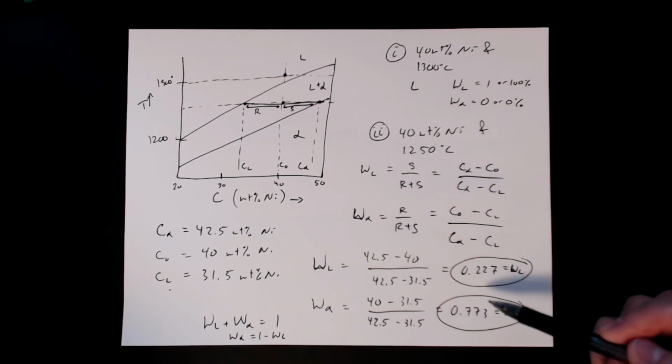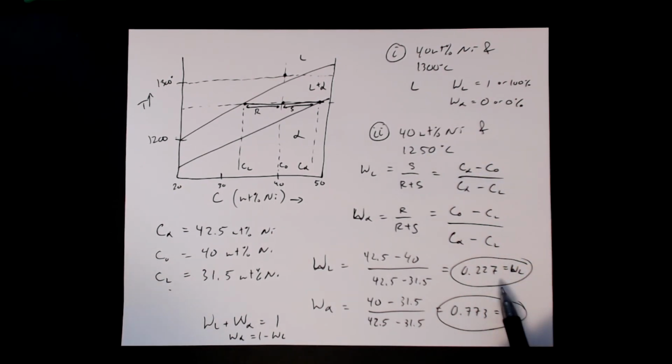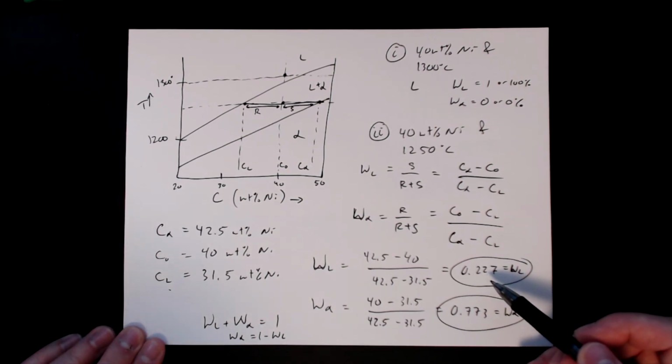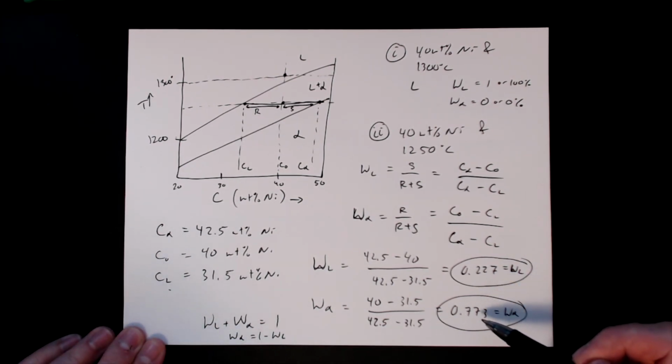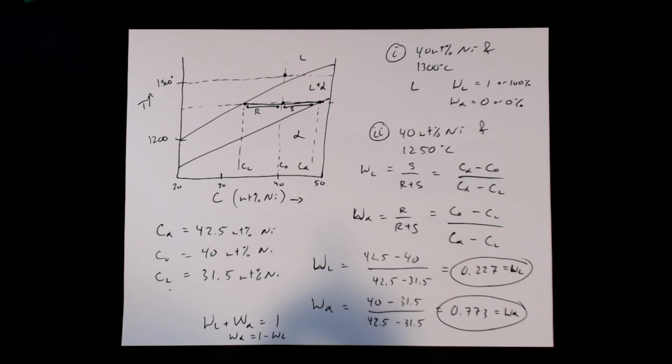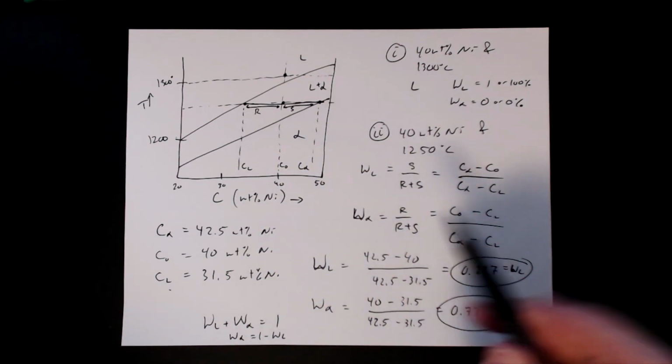And so these are our weight fractions. So again, what this is telling us is that if we could sort of magically separate this mixture of liquid and alpha, then 22.7% would be liquid, and then 77.3 weight percent would be alpha. So we can kind of separate those and weigh them. That's kind of what we're doing, and we're going to use this lever rule to get there.